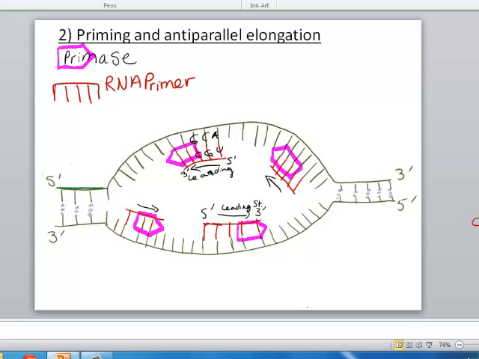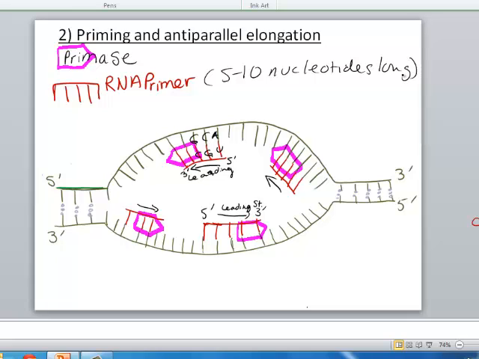Here we have our primase, which primes the formation of the new DNA strand, using RNA nucleotides. Free RNA nucleotides, technically trinucleotides, are going to come in and form a 5 to 10 nucleotide primer.